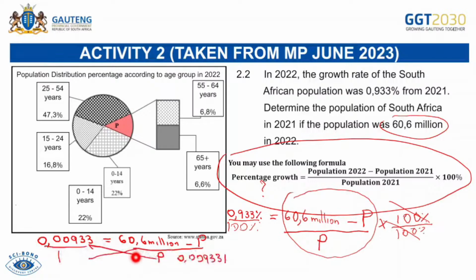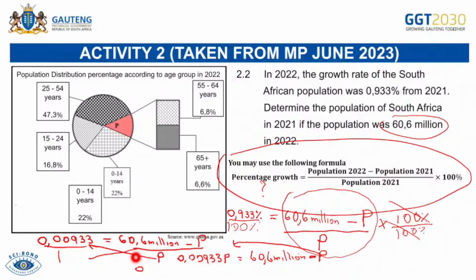0.00933 P equals 60.6 million minus P. So I have to take that P to the right hand side.